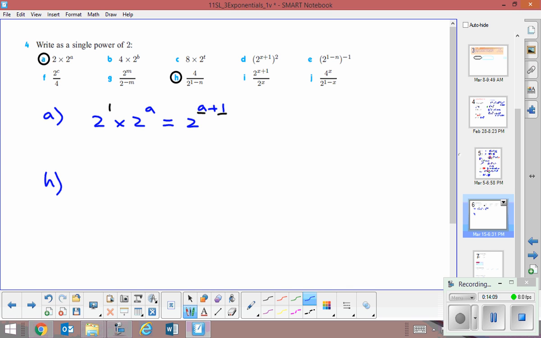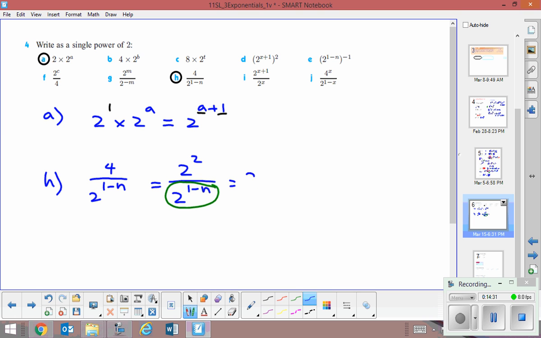And let's do h, 2 to the 1 minus n. Now, with what powers of 2? Let's turn the numerator into a power of 2, over 2 to the 1 minus n. For the part in the denominator, we now need to subtract indices.